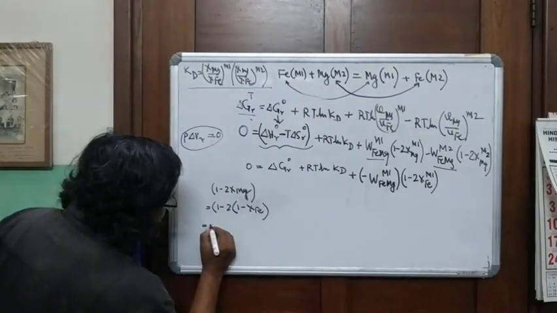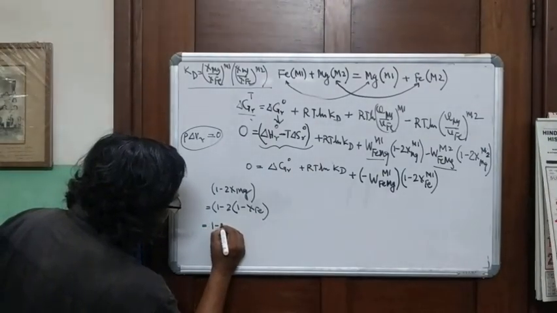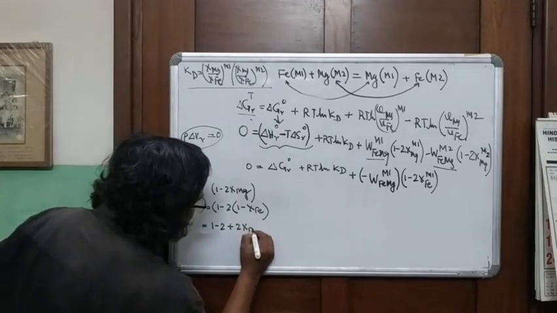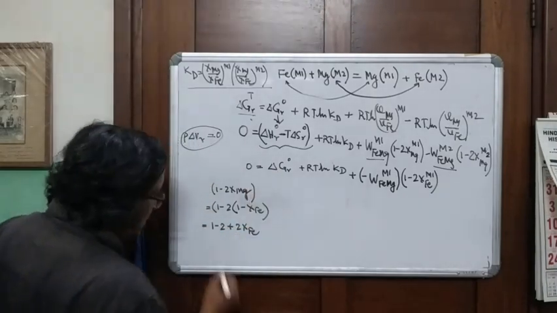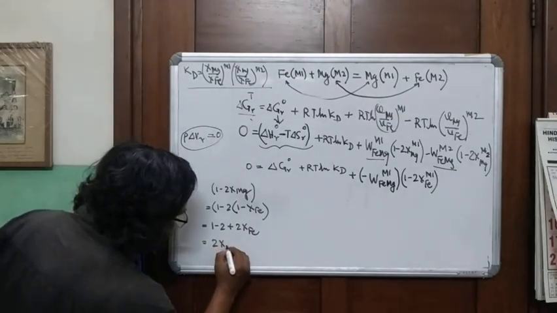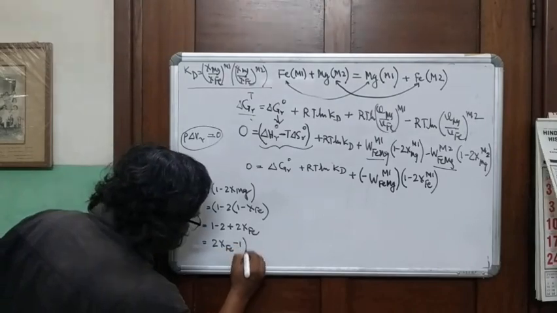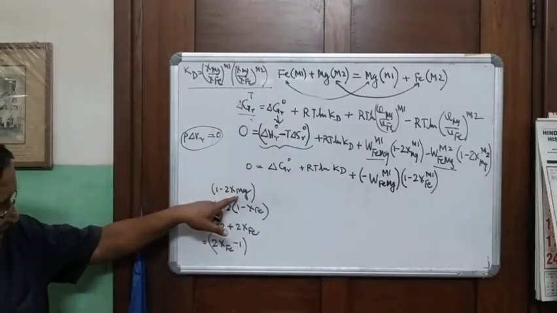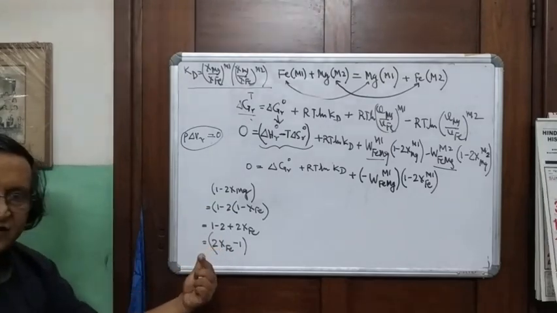And if you remove this, then we can write 1 minus 2 plus 2xfe. Right? And so you see this cancels off, so we get 2xfe minus 1. So 1 minus 2xmg is essentially 2xfe minus 1.